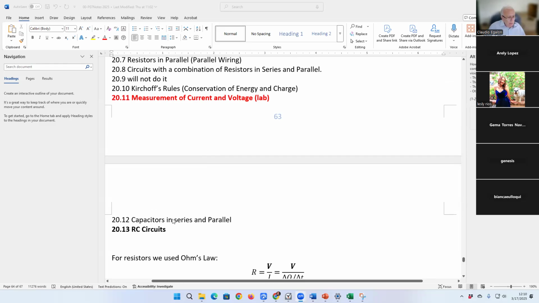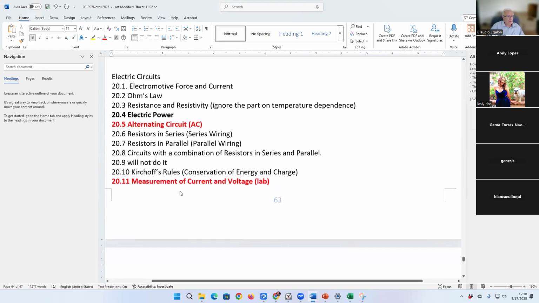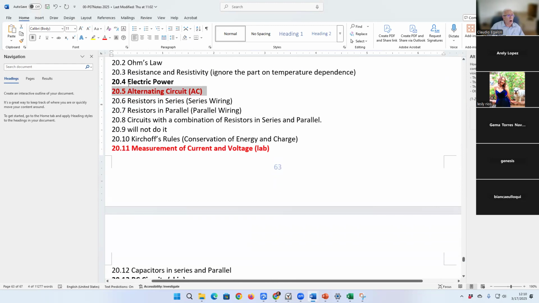Okay, so we did capacitors in series and parallel. For now, I'm thinking about skipping this one. Maybe we have time to go back to that. Oh, I gotta do electric power. Alternating circuits we're going to see later on, but we gotta do electric power now.